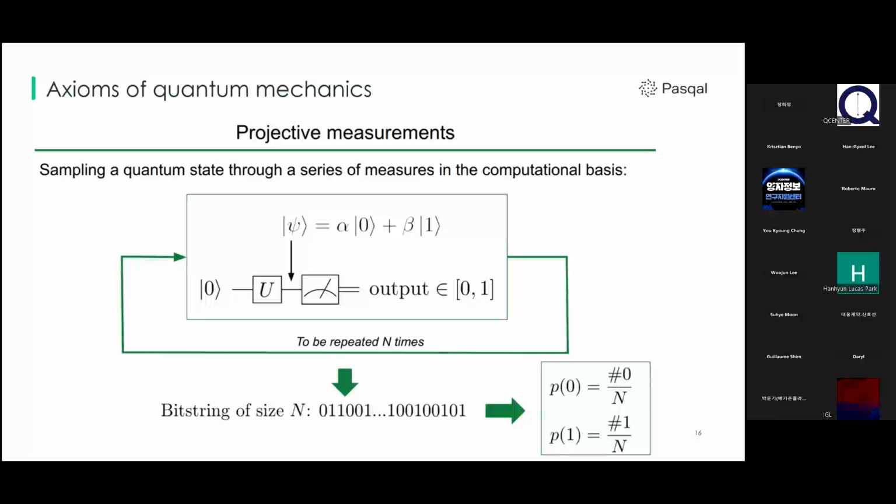If you're given multiple quantum bits, so you're dealing with larger state, that will be a series of zeros and ones, so a bit string representation. But that's what comes out of a single experiment, a single iteration, a single shot, what we call it.